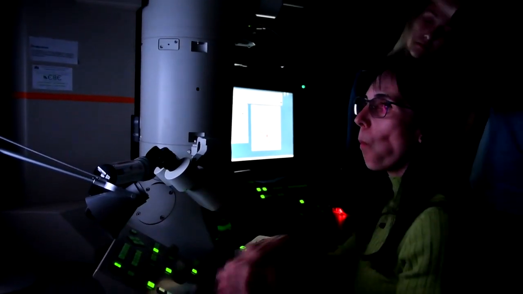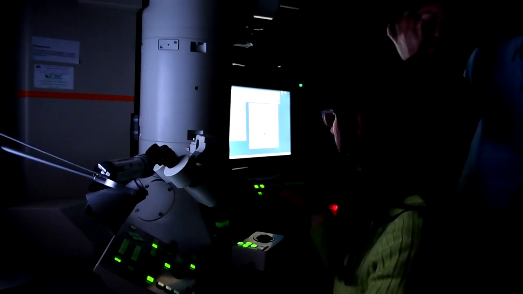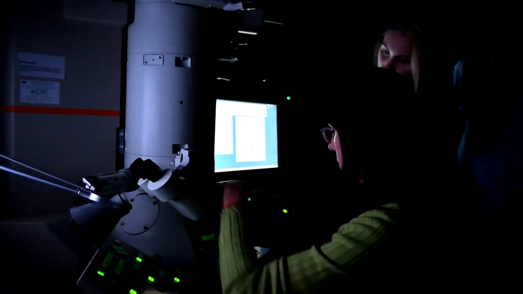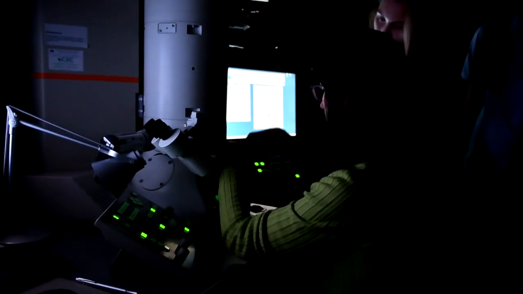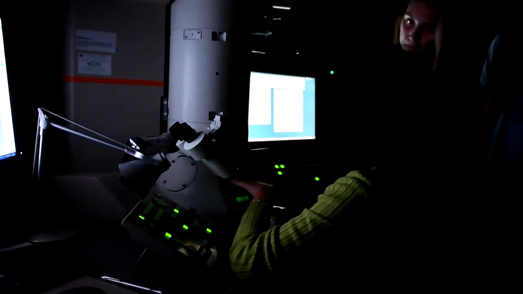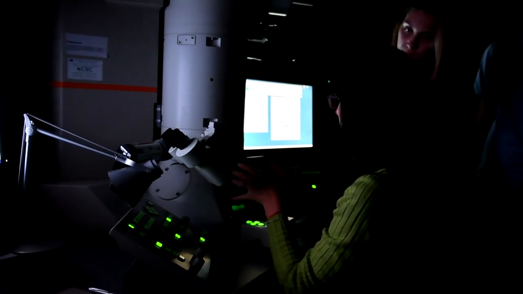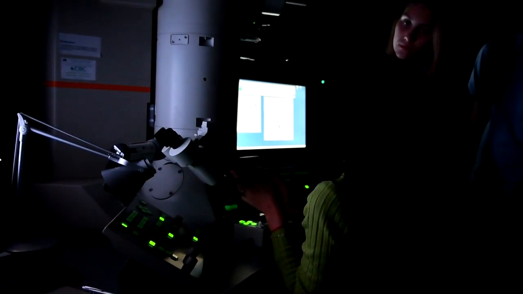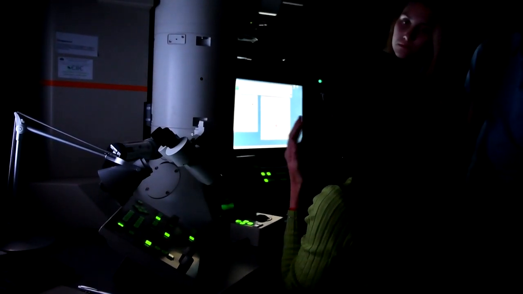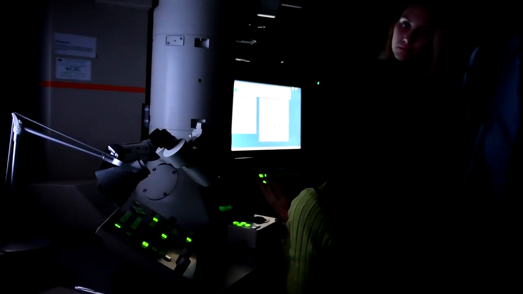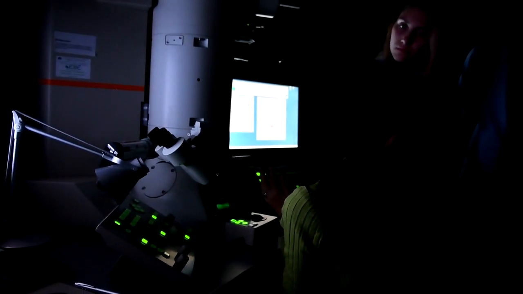The electrons are transmitted through it. The electrons fall on the screen and give this greenish light, because in general our eyes don't see electrons, they are invisible to our eyes.